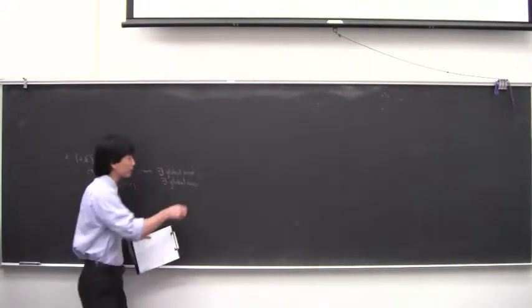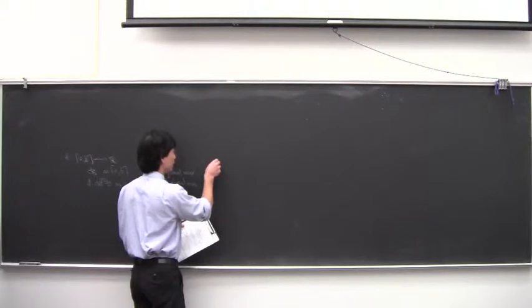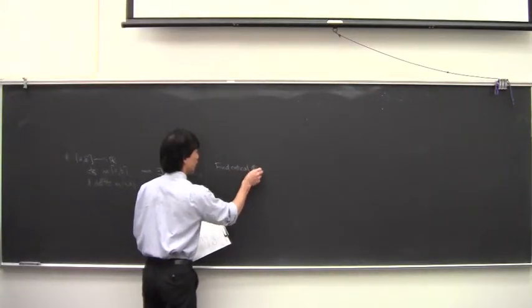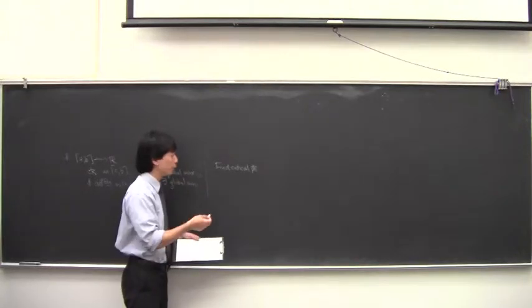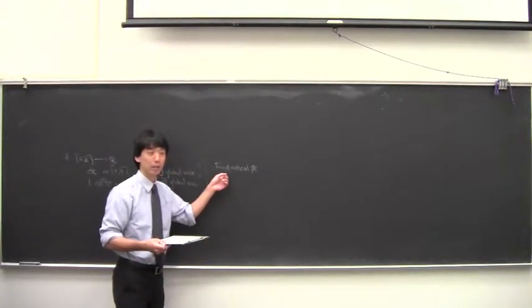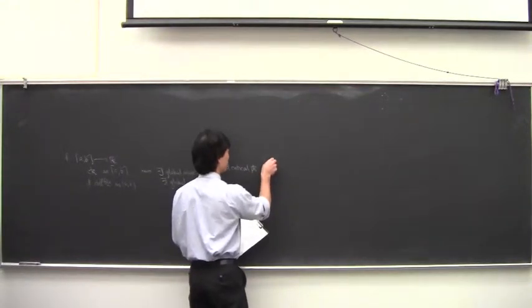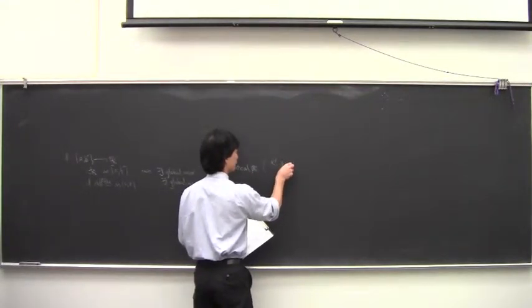If you remember how to do it, you say, find the critical points. So the endpoints and the places where the derivative is 0, or places where f prime doesn't exist.